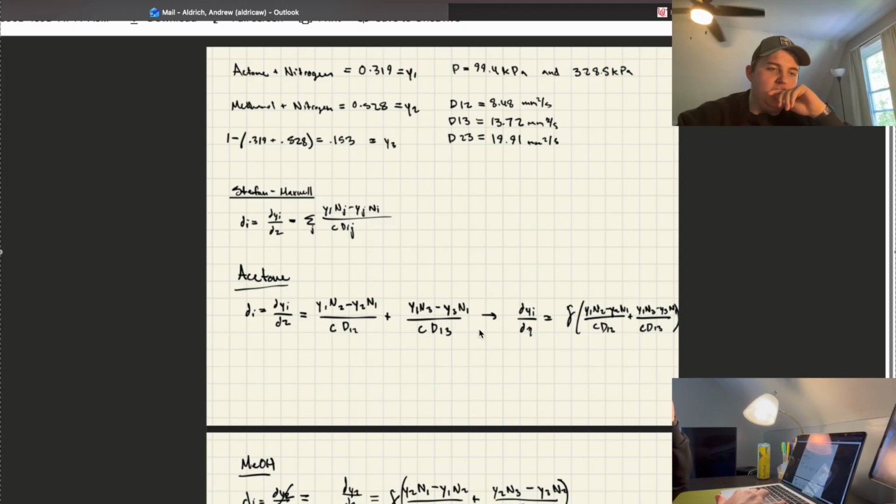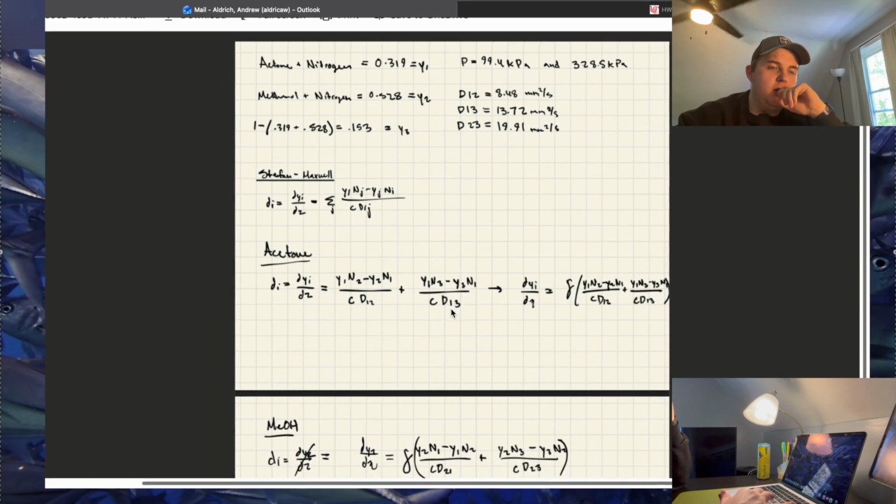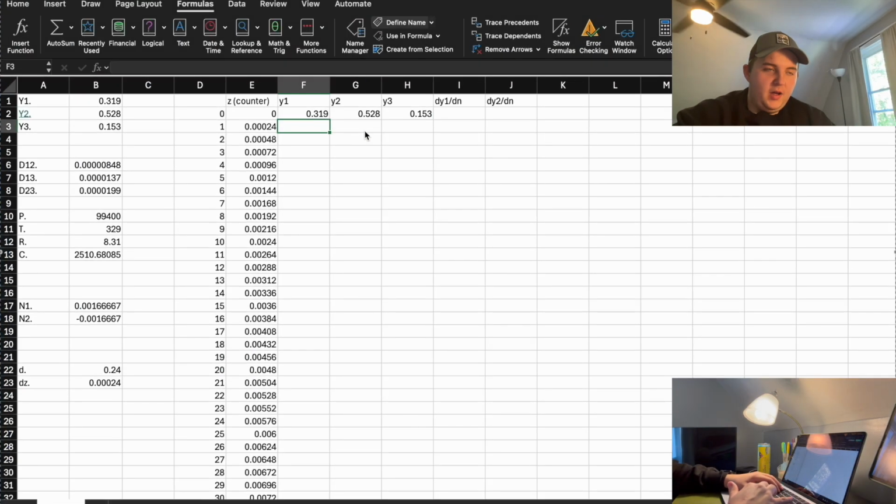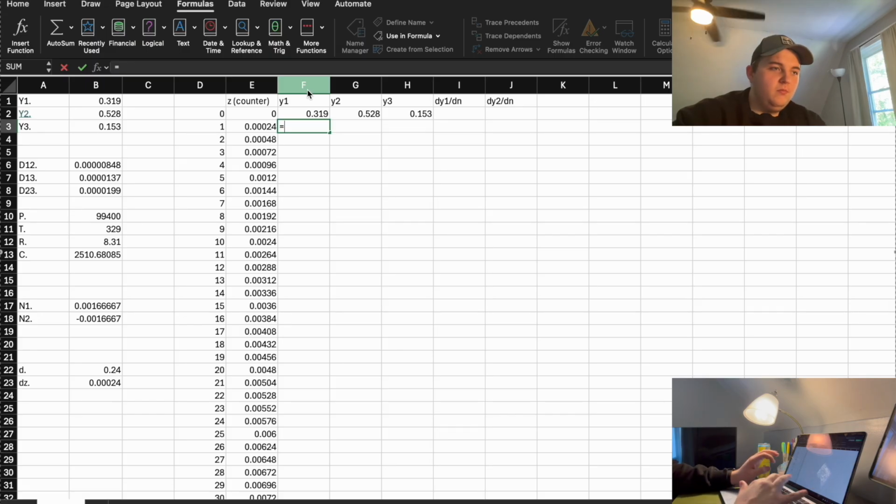So we're just going to do these equations, but in Excel using what we know. So for y1, it's going to be equal to, I have it written down already just because it's going to be easier. So we're going to have our f2, so our y1, we're going to need brackets, hold on.